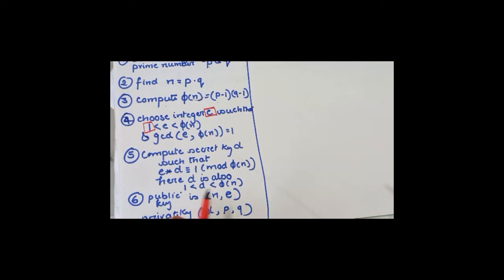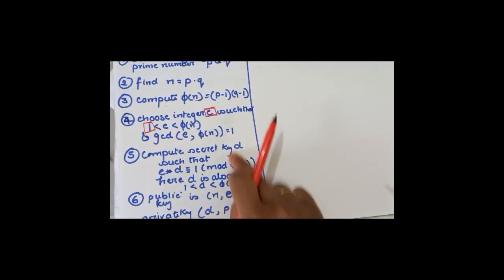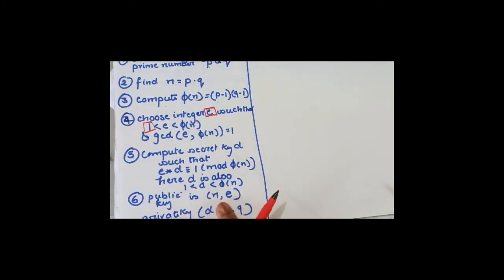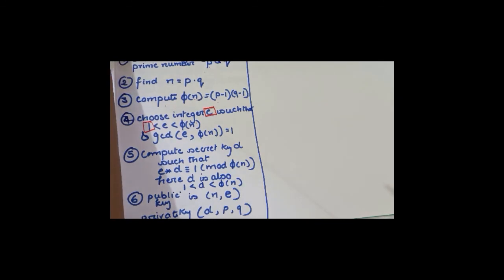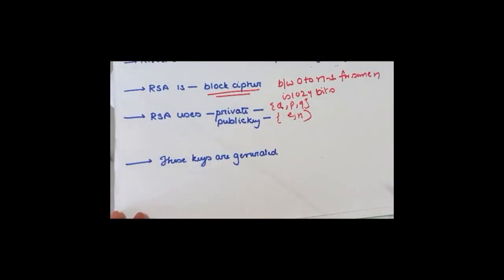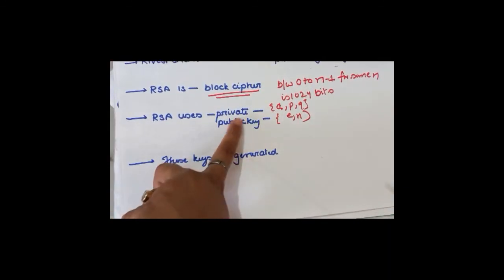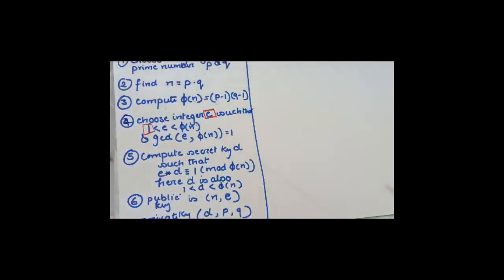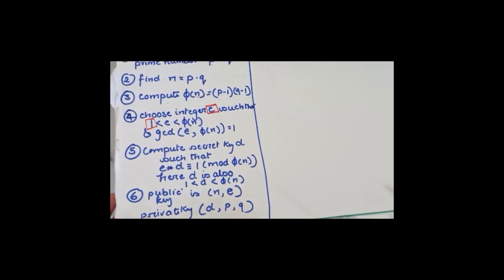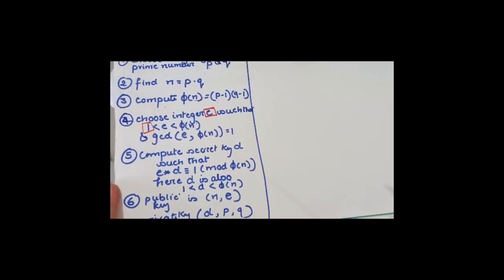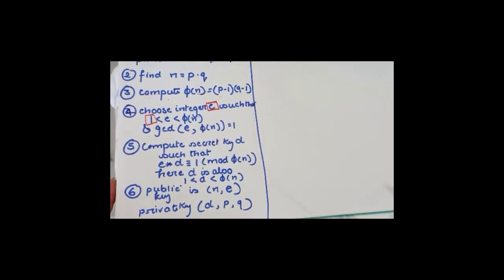Then after computing all these values, the public key is n comma e, as told earlier, and the private key is d, p, q. So out of all these values, my e and n are going to be public and my d, p, q are going to be private.